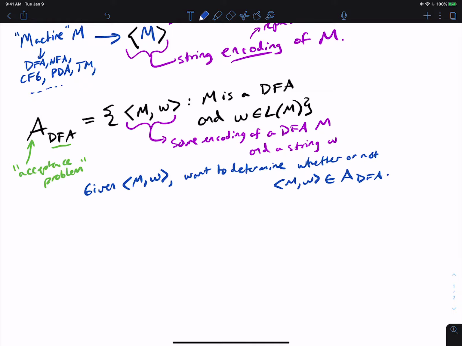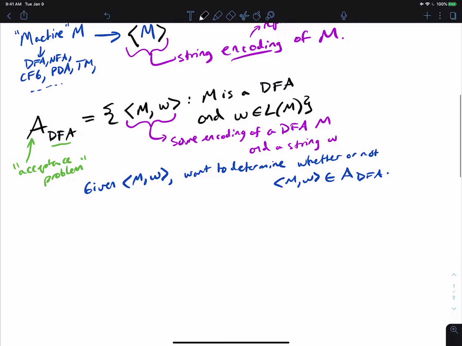In fact, that's literally the entire class, what we've been doing so far. We're given a string, and we want to check whether it's in a language or not, and if it's not in the language, we want to determine that also. So it's exactly the same idea here, but we can think about this in terms of being given a machine and a string, and what we can do with that.